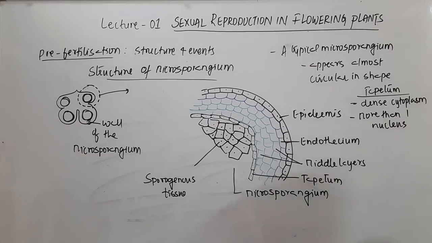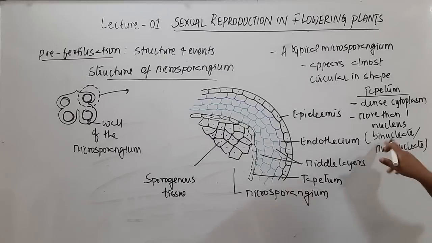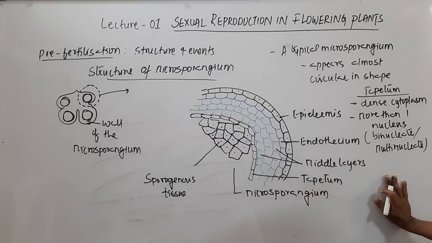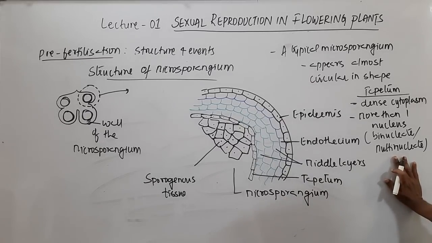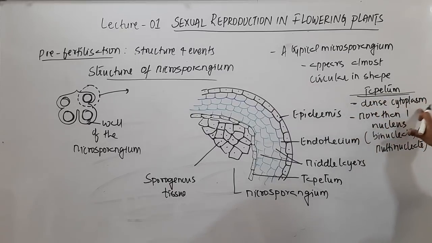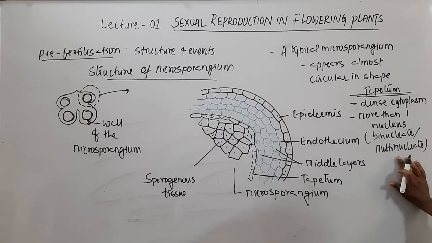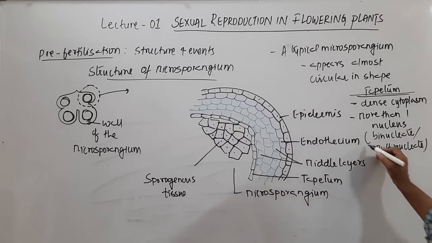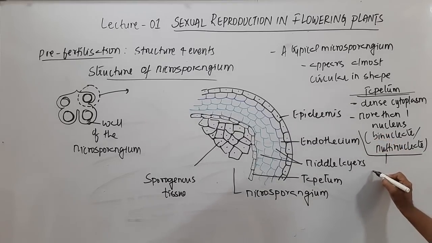It may be a binucleate condition, where you find two nuclei, or a multinucleate condition, where many nuclei are seen in the tapetal cells.